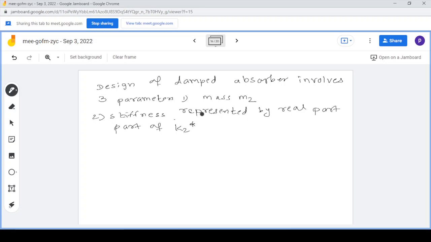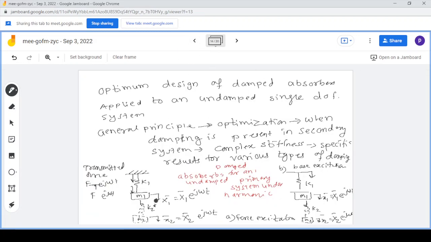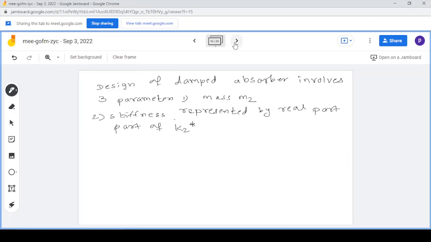Because it is a complex stiffness. The K2 here is a complex stiffness we have considered. That's why the design of the damped absorber considers only the real part of K2 star. And the third point, in this case, the damping, is represented by the imaginary part of K2 star.